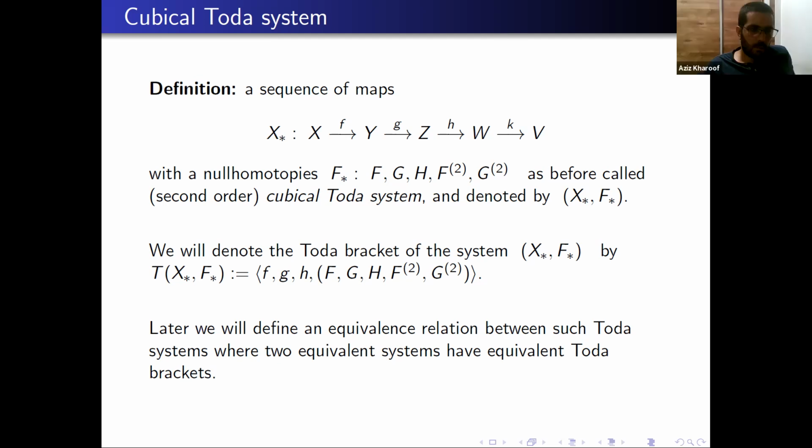So maybe you can ask whether two non-equivalent Toda systems can give you the equivalent Toda bracket. Yeah, that would allow you to ask that kind of question. I don't know, maybe if you go to the techniques there is a problem. I didn't try to do that before, but I think you can do it. Why not?